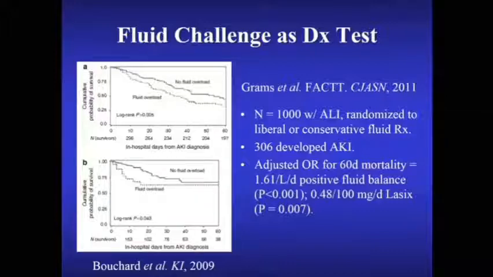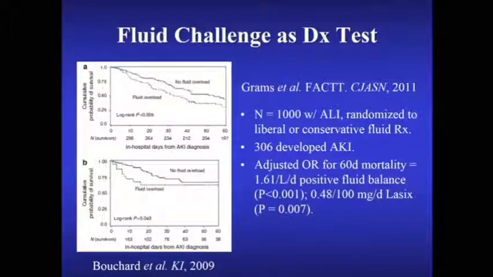I'll go through the data here and then tell you what I think the lesson is. This Bouchard study was patients who were admitted to the hospital who had acute kidney injury, and they made some distinction between those that were volume overloaded and those that weren't, and they defined that as a 10% increase in body weight over baseline.